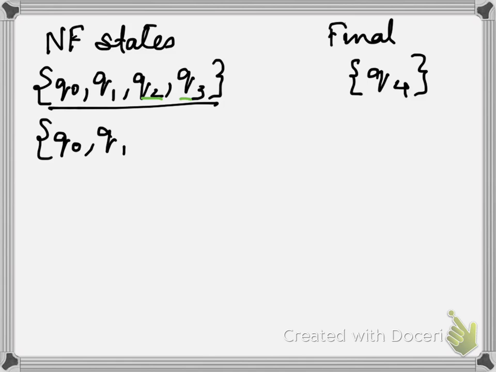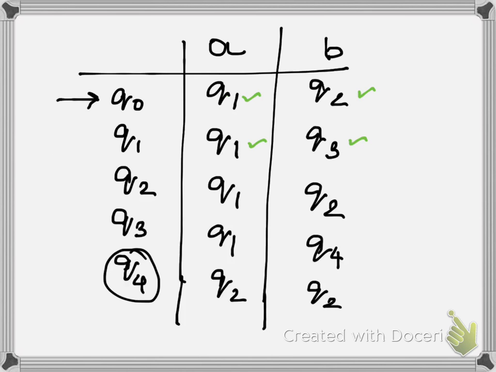Now let us take Q2. So Q2 we can compare with Q0 or Q1. Let us take it with Q0. So we are now going to look at Q0 and Q2. Q0 on A goes to Q1, Q2 on A goes to Q1. Same set, no problem. Then Q0 on B goes to Q2, Q2 on B also goes to Q2.